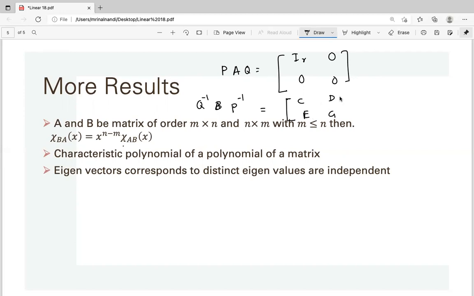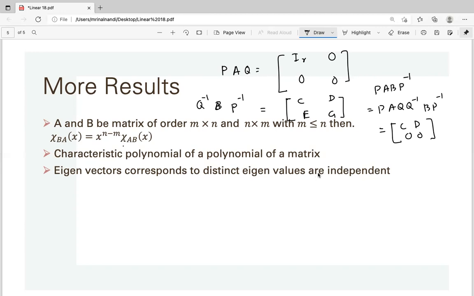Say E and G, Q inverse B P inverse, where C is of order r cross r. Then P A B P inverse is just PAQ times Q inverse B P inverse, which is I r 0 0 times C D E G, so it is C D 0 0.